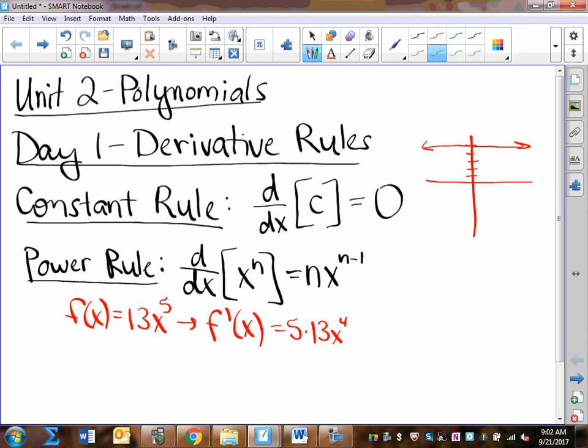Hey, we're in Unit 2 now, so you've entered the world where you no longer have to simplify your answers. On the AP exam, if they were to ask you a question like this on a free response, which they won't because that's too easy, that'd be more likely multiple choice, you can leave your answer as 5 times 13x to the 4th. You don't have to actually multiply it out.